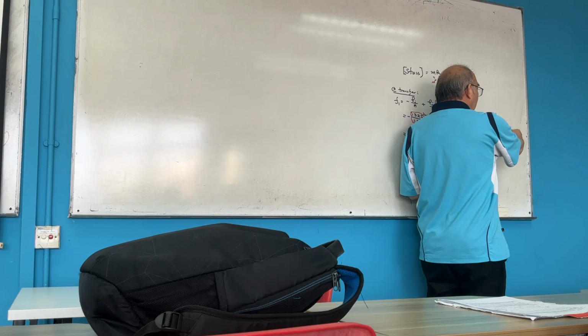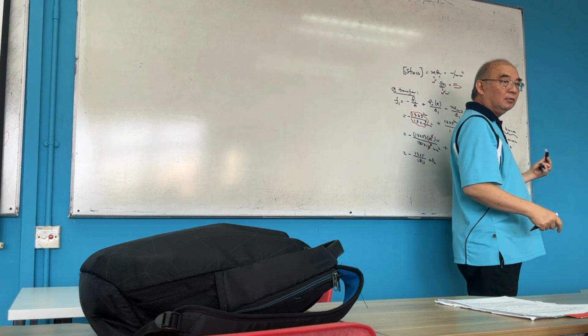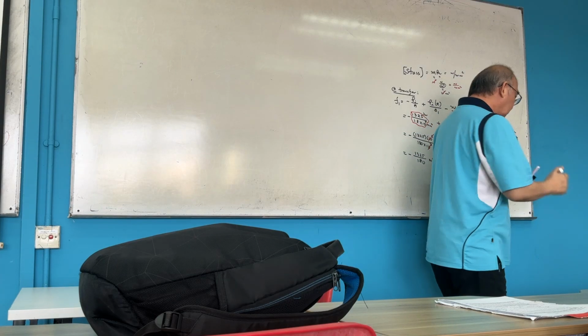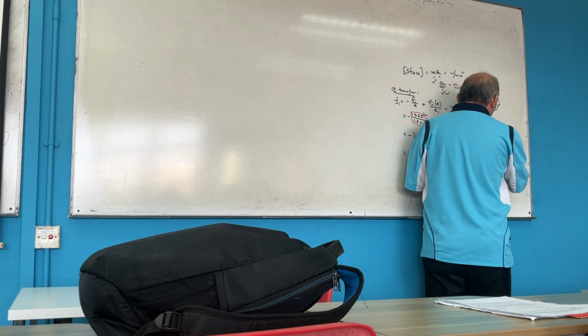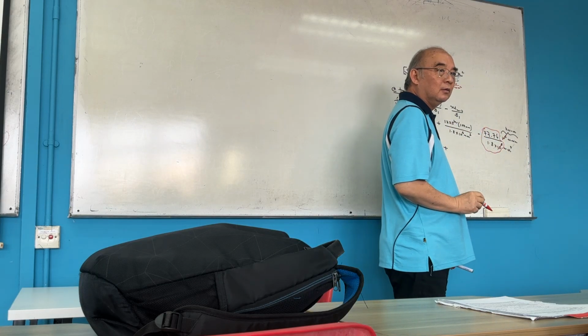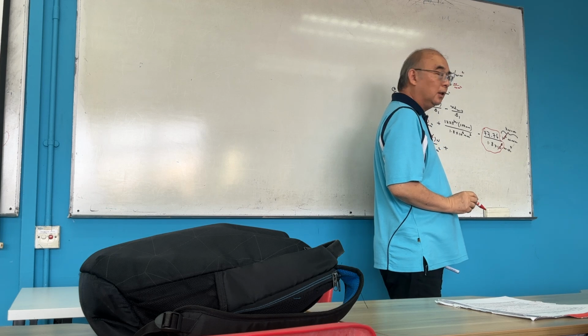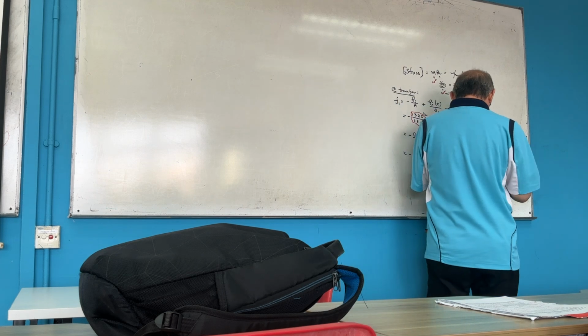Kilo is 10 to the 3, meter is 10 to the 3 millimeter. So why do I do that? Because I cancel out. Understand?